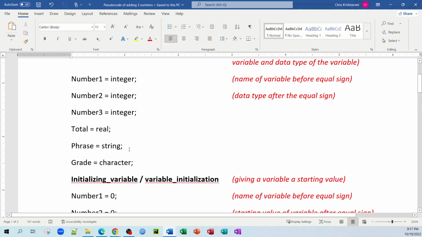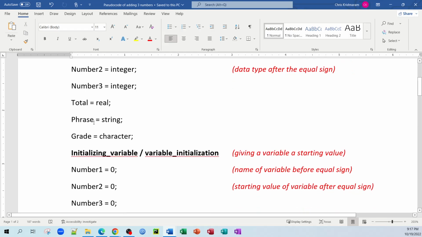So ensure your variable names are case sensitive. Whatever you would have made capital, it remains capital throughout the program. And try to ensure you use the correct name throughout the pseudocode. So if you named it number 1, don't go and type number space 1.